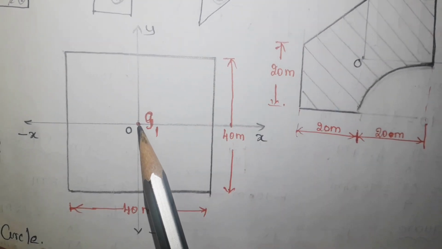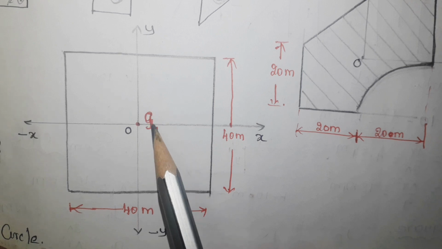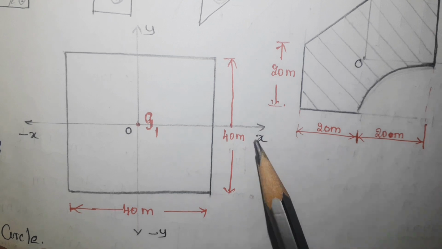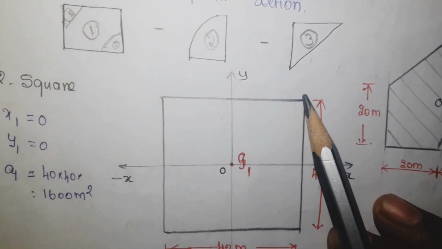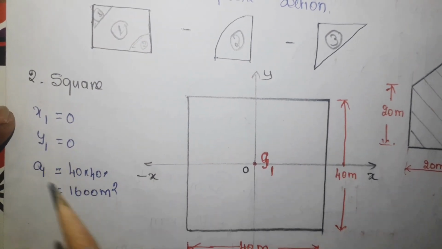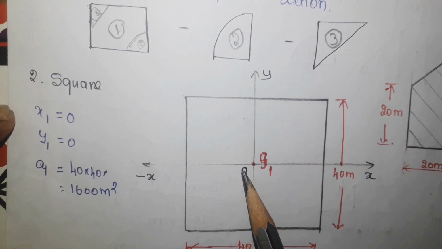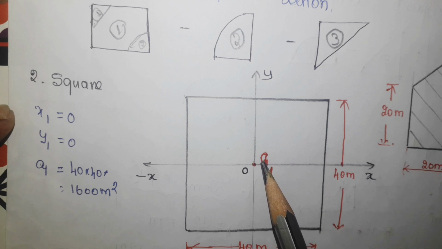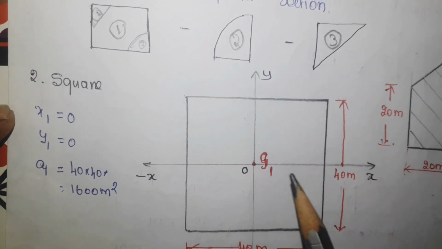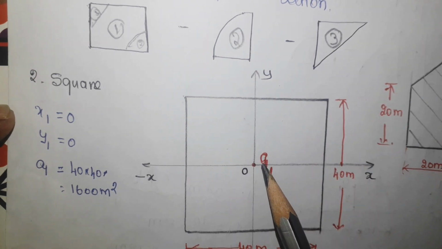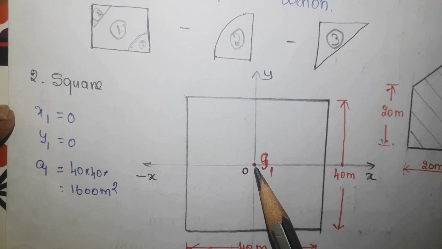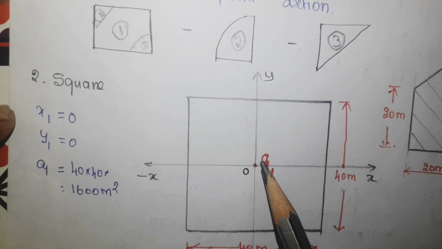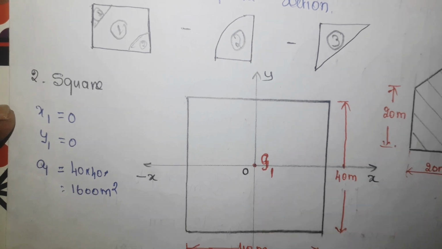This is the origin, whereas G1 is the geometric center of the square. Now I want to know x1 and y1. O is the origin through which the y axis and the x axis are passing, but G1 also lies at the same geometric center O. Both origin as well as G1 are lying at the same point.